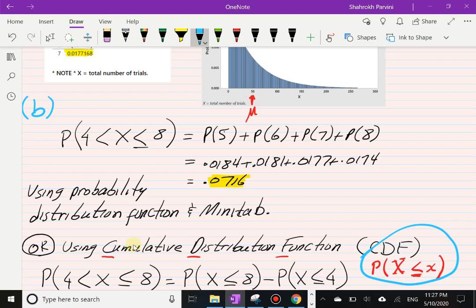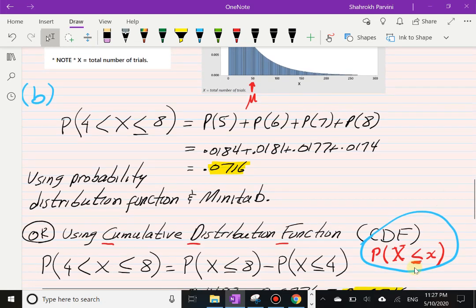The cumulative distribution function always gives you the probability that the random variable X is less than or equal to x. That's what makes it cumulative, less than or equal. So if I have, as I do in this example, the probability of X less than or equal to 8, it means everything less than or equal to 8, that means 8, 7, 6, 5, 4, 3, 2, 1, minus the probability of less than or equal to 4, which means 4, 3, 2, 1.